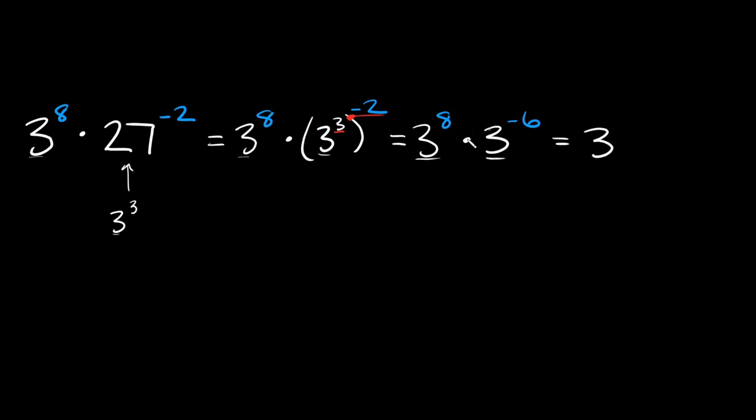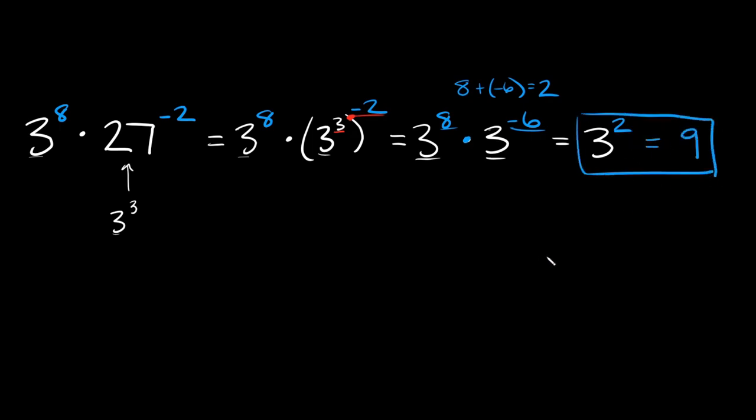And then when we're multiplying these two together, you just have to add the exponents together. So 8 plus negative 6 is equal to positive 2. So then your answer right here would be 3 raised to the 2nd power, or 3 squared. And 3 squared is simply equal to 9, right? So either one of these would be your answer right there.